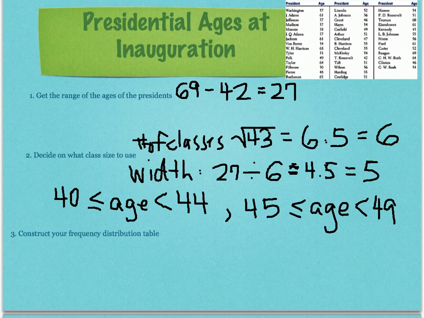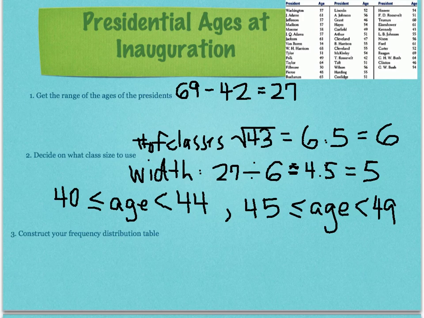Now notice that the class width is 5, and you may be confused because from 40 to 44 that gives you 4, but keep in mind 40 to 45 is how you get your width. That's what the class size comes in. And so now we're going to go to the next page and construct our frequency distribution table.